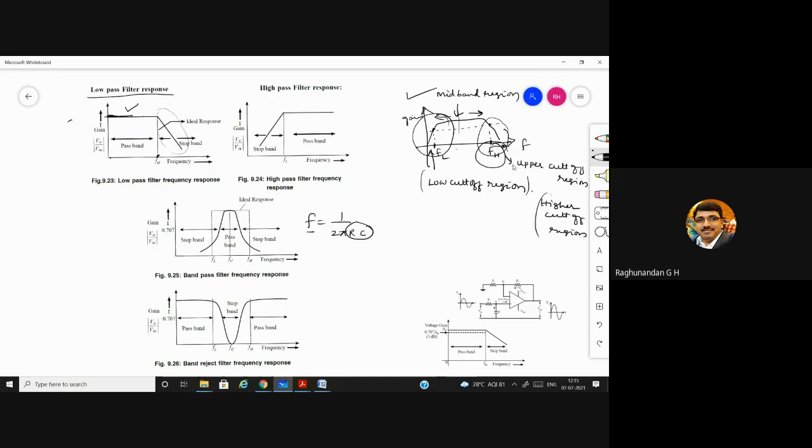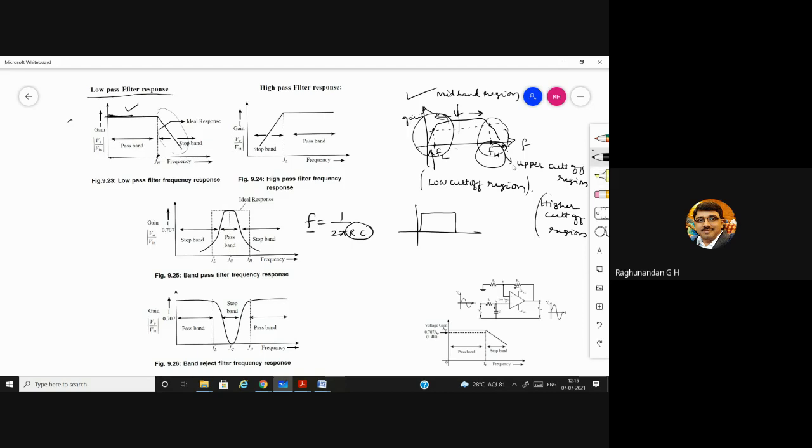Ideally, we mark the frequency response like a rectangular box, a rectangular curve. But practically, we will not get it like this.